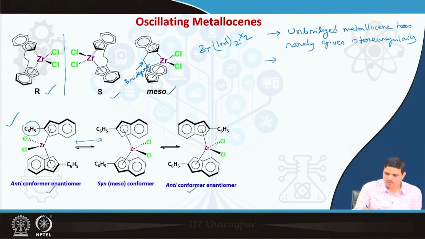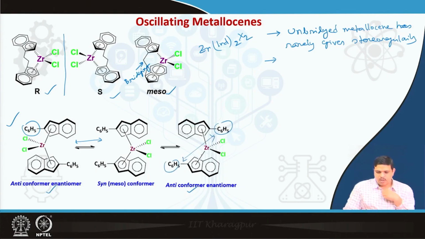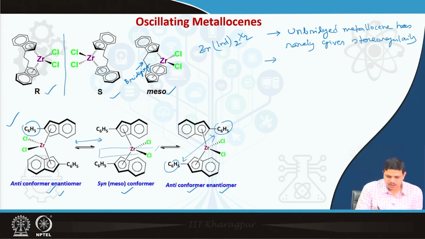This is also an anti-conformer because this phenyl group and phenyl group are anti. Okay, here. Now, this is the pair of enantiomers, because there is a mirror image relation, and this is a meso type of conformer. Okay, you will see that there is a plane of symmetry. So, this is a meso type of conformer.